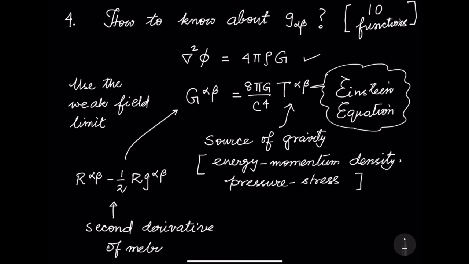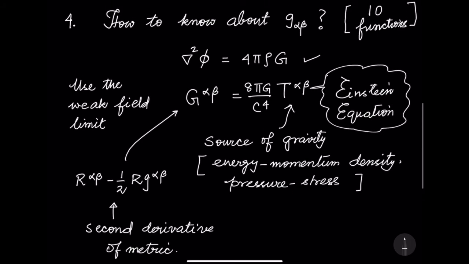And you are solving for the metric here, right? You are solving for the metric. So if I look at the Einstein equation, remember that G alpha beta is symmetric, and so is T alpha beta. If I ask you how many independent equations the Einstein equation has, it has 10 independent equations.